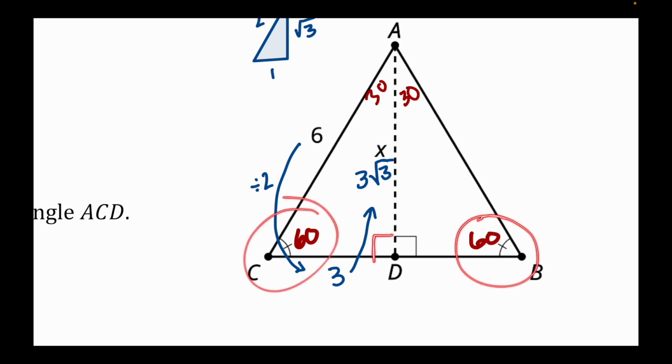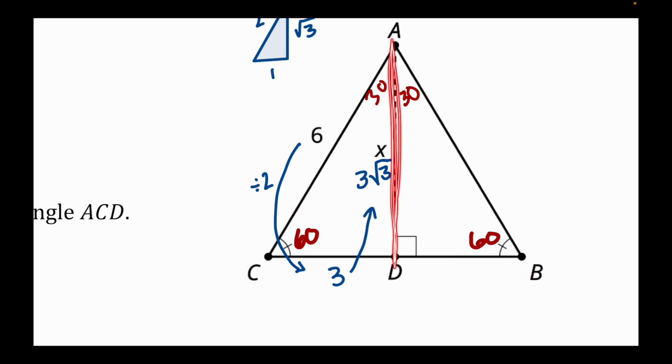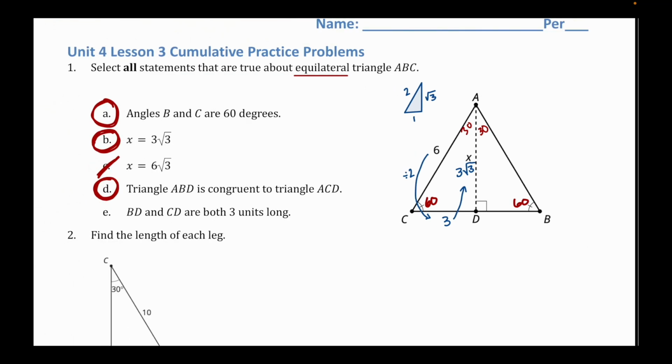They're both going to have right angles, and they're going to share a side here. So that's a leg, and this would be a hypotenuse. So these would both have hypotenuse leg for their congruence, just so that you're confident with me telling you that, and there's a mathematical theorem behind it.